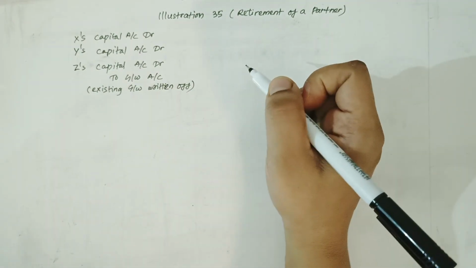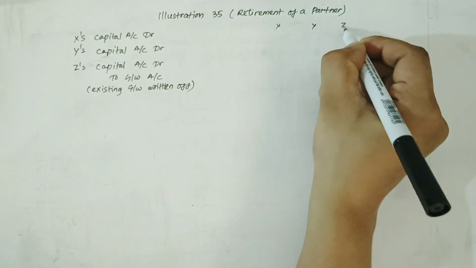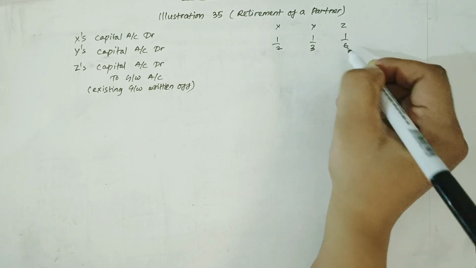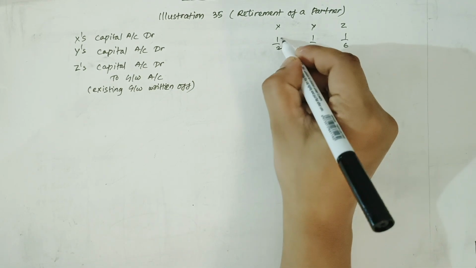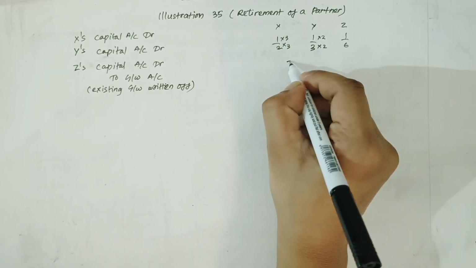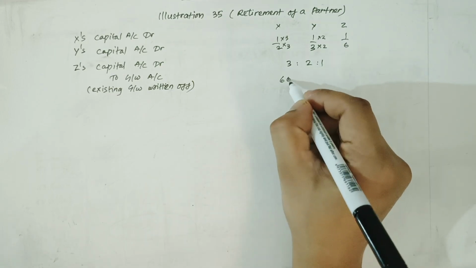It should be distributed among the partners in their old profit sharing ratio, which is 1 by 2, 1 by 3 and 1 by 6. We have to make the denominator same. So LCM will be 6, and the ratio will be 3 is to 2 is to 1. The value of existing goodwill is 60,000.